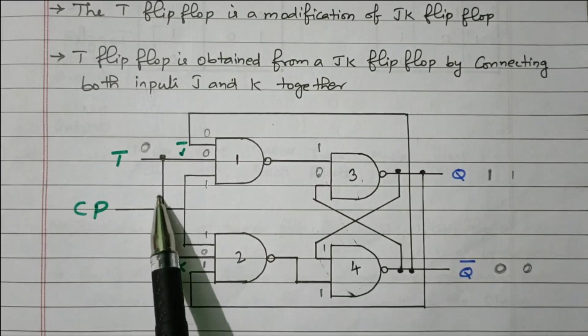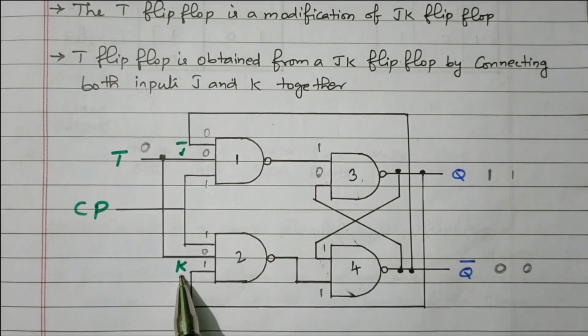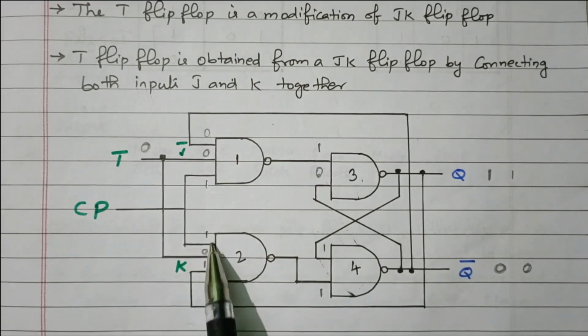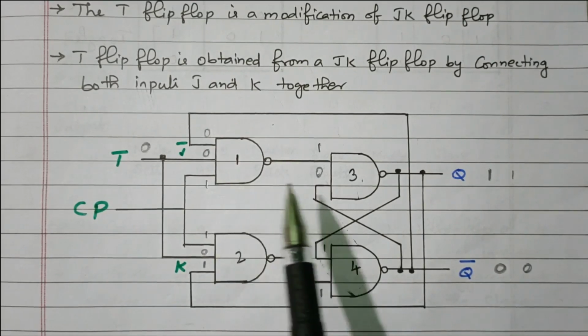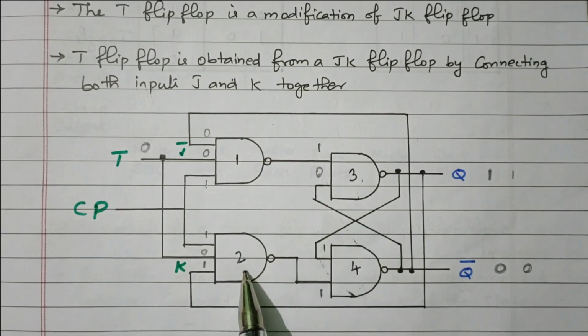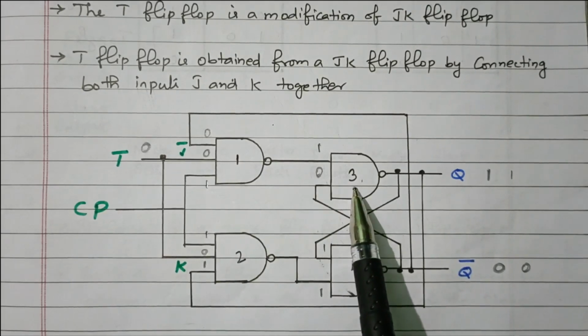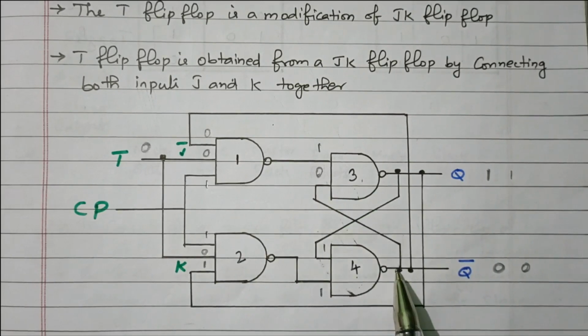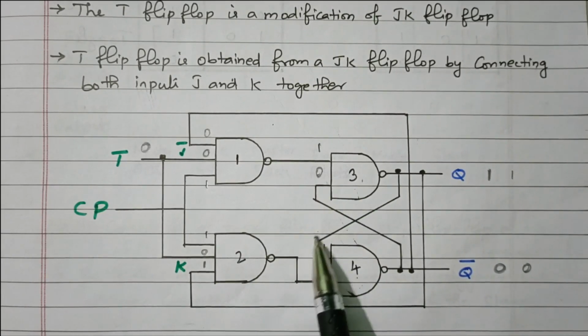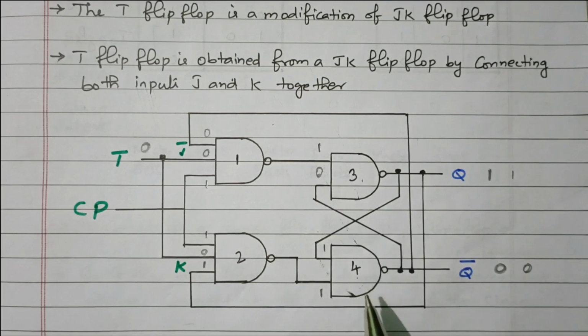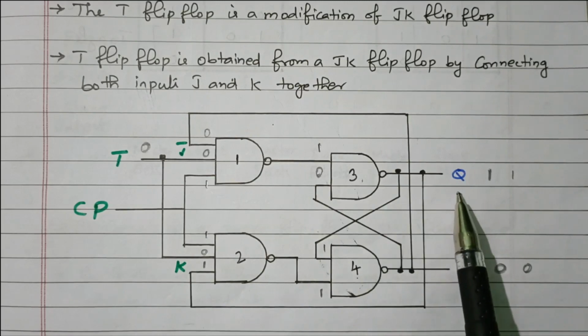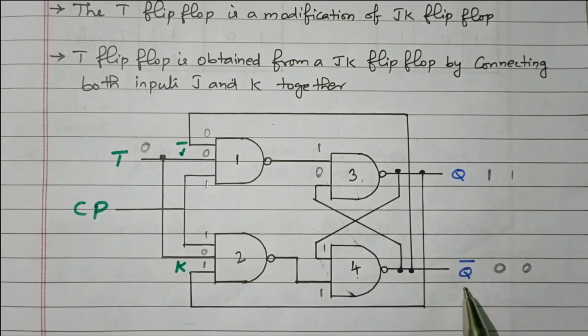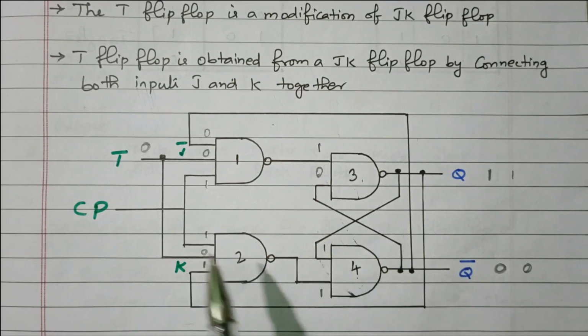Second NAND gate gets the same T input as K input, then clock pulse, then Q. The output of the first NAND gate is connected to the third, second NAND gate is connected to the fourth. The third NAND gate's one more input is Q bar. The fourth NAND gate's one more input is Q, that is interconnected. So that we got Q as the output, Q bar is the complement of the output. So this is the basic logic diagram of the T flip-flop.